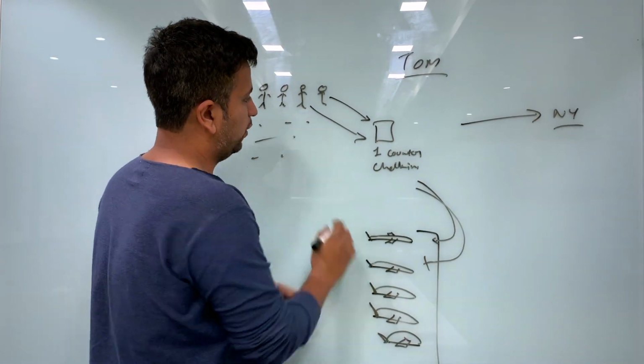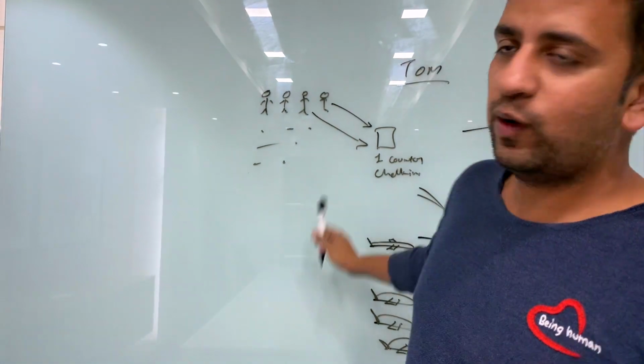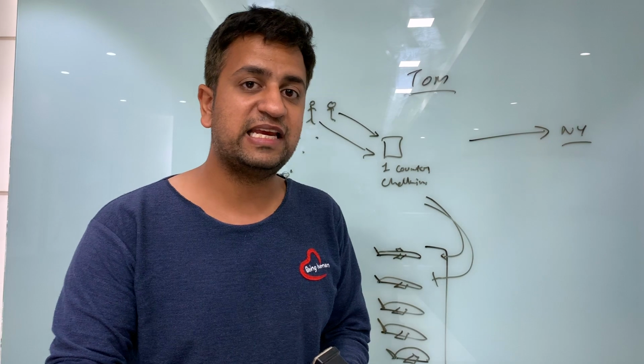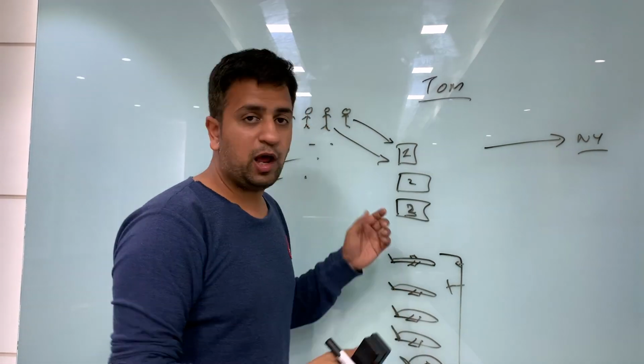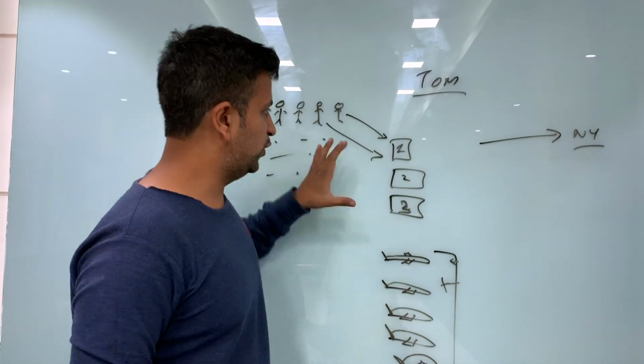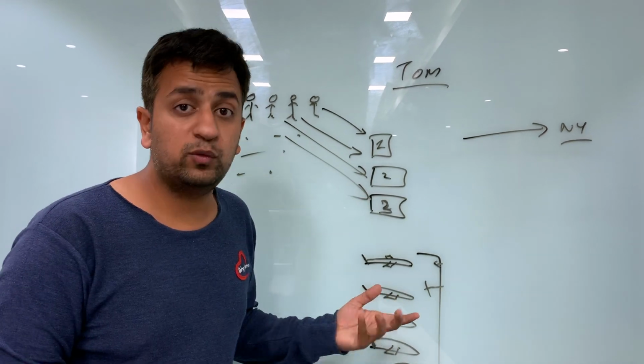Now assume over here we have one counter. What if we increase the number of check-in counters? What will happen? Now we have 3 check-in counters. What is the beauty of this? People can come to any counter, whichever is free.